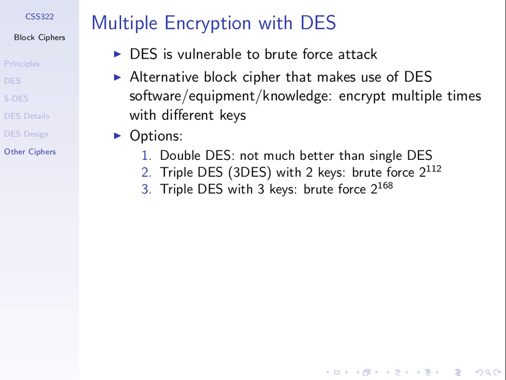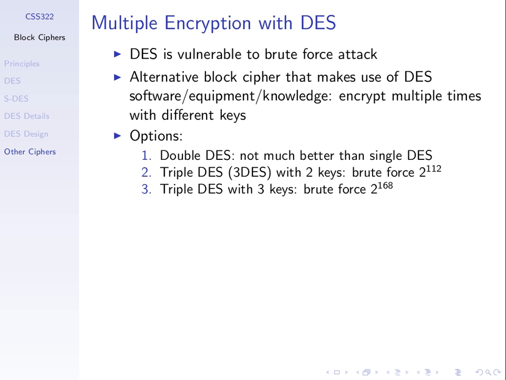I'm using 56 because that's the amount used in the encryption. With this approach, there are 2 to the power of 112 different keys. Therefore, a brute force attack needs to make this number of attempts, or half that, which is 2 to the power of 111. That's not feasible. If you look at how long that would take, it would take thousands of years to break that. Breaking 56 bits is okay, 112 bits, not possible with brute force attack.